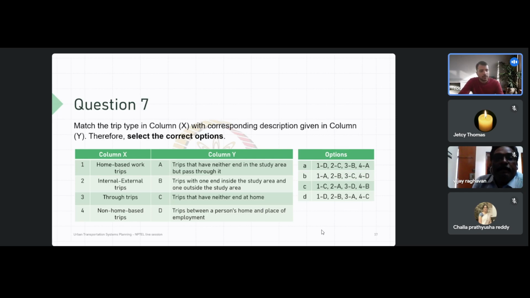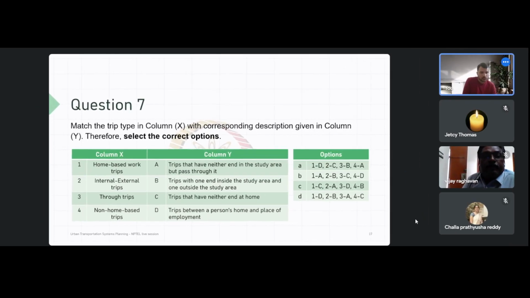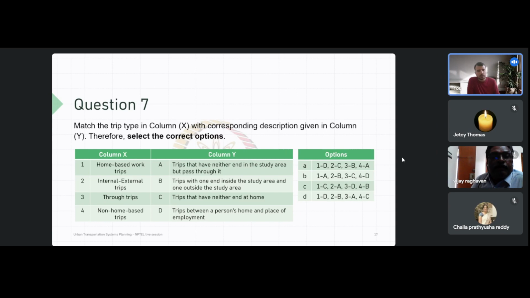So can I have some response for this? I'll give maybe 1 minute for this. What we discussed in question 6, you can use it here. It will help you in solving. Any response for this?